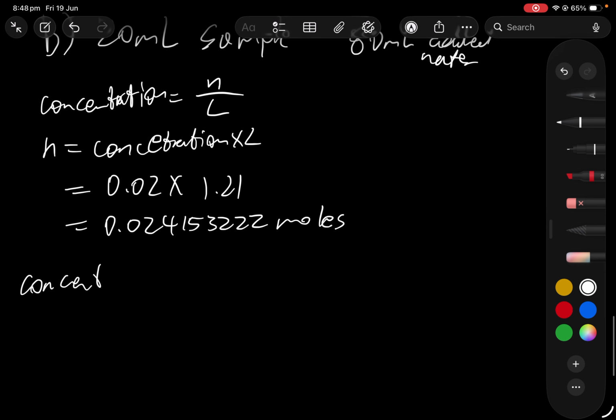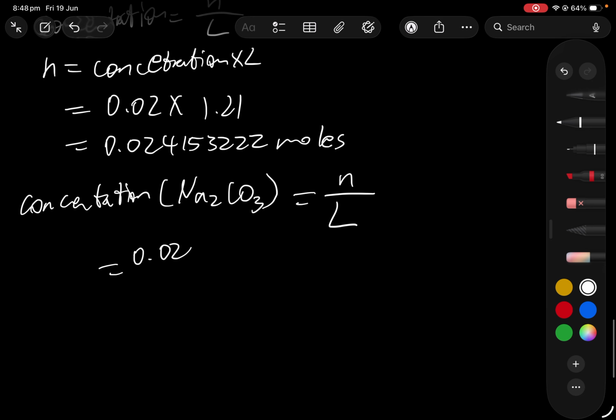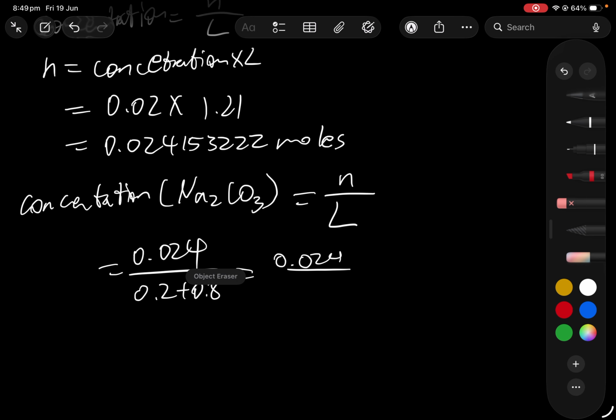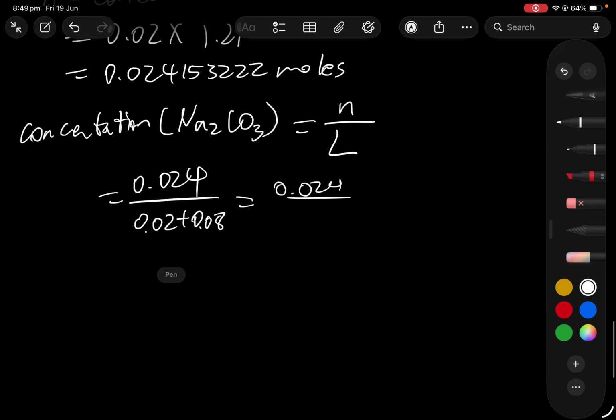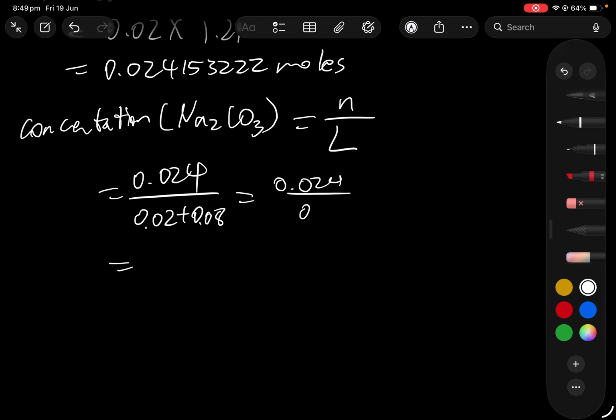So the concentration of the whole thing, which is Na2CO3, equals N over L, which equals 0.024 over 0.2 plus 0.8, no, 0.02 plus 0.08, and that equals 0.1.